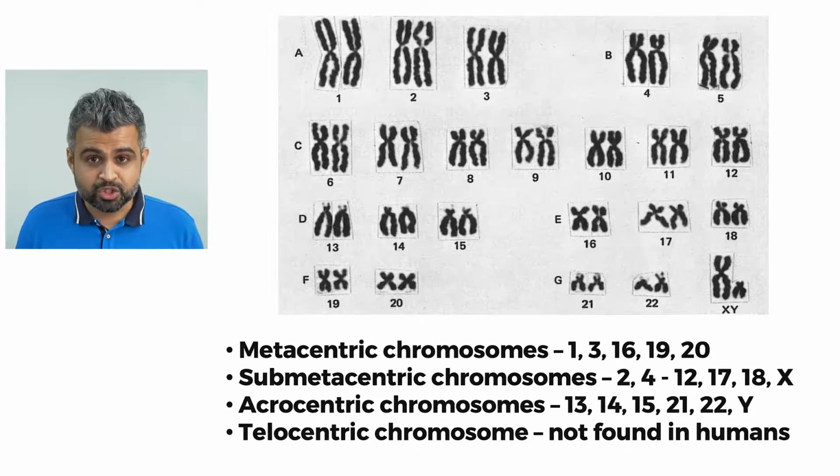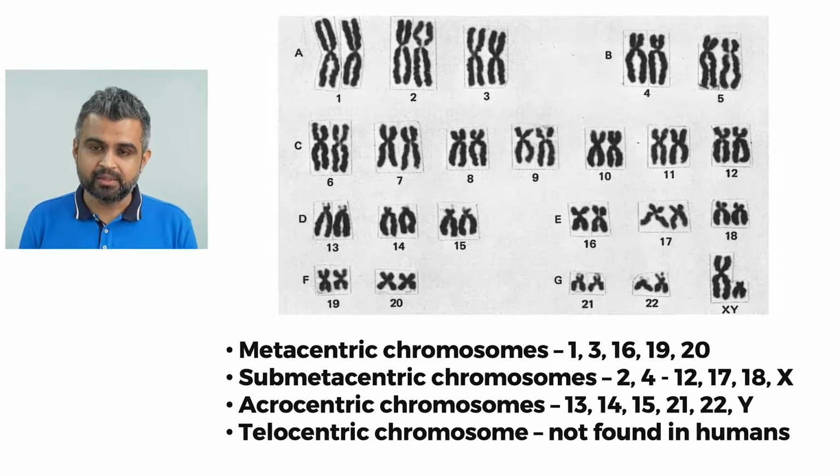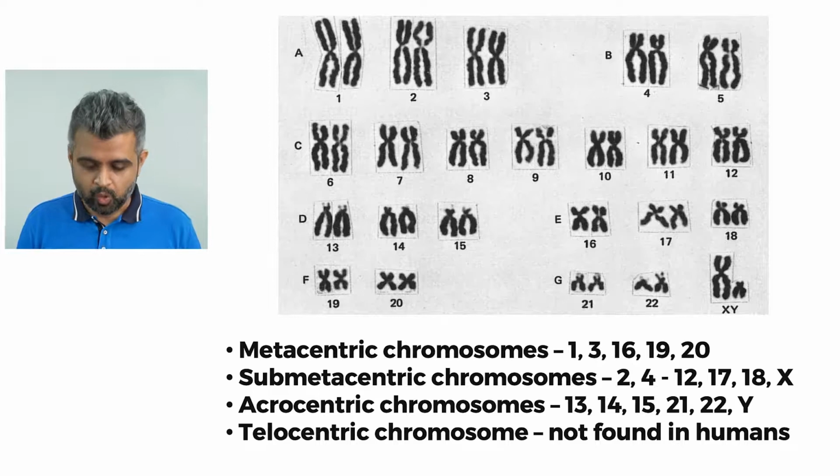If you wish, you can take a screenshot of this, and in your leisure time, you can see whether these numbers match or not. But once again, this information is not going to be asked in the NEET examination. I am only sharing this so that you know that humans have metacentric, submetacentric, acrocentric, but not any telocentric chromosomes.